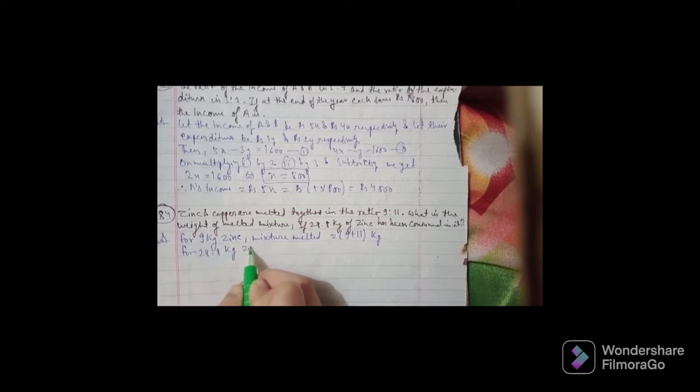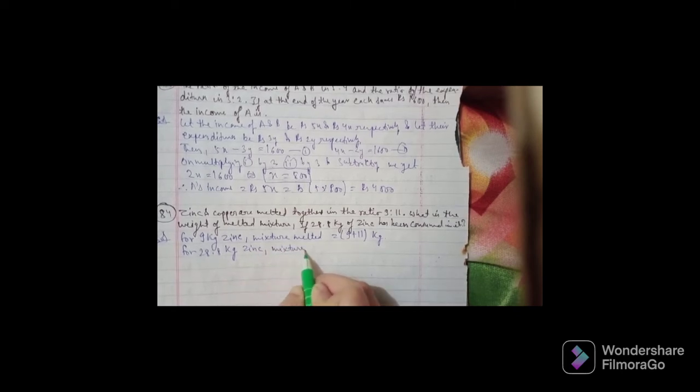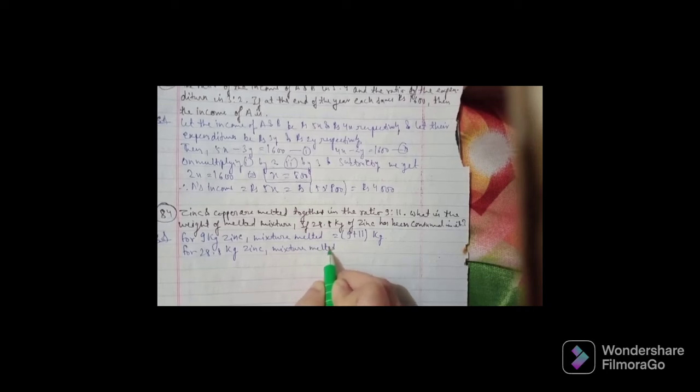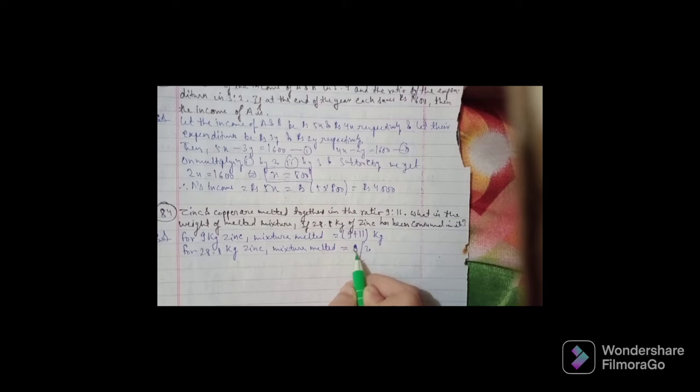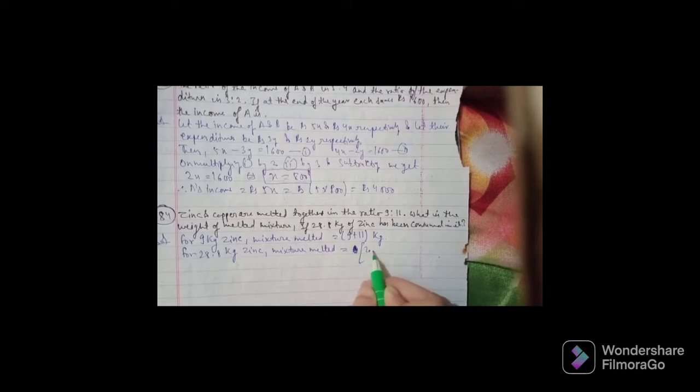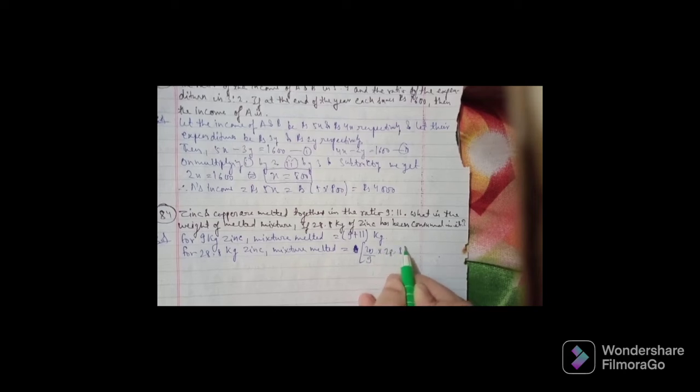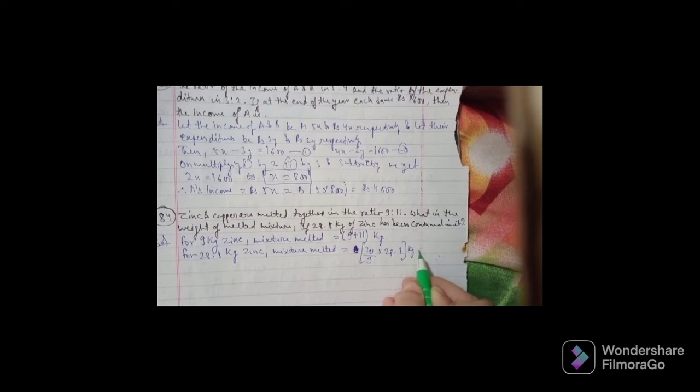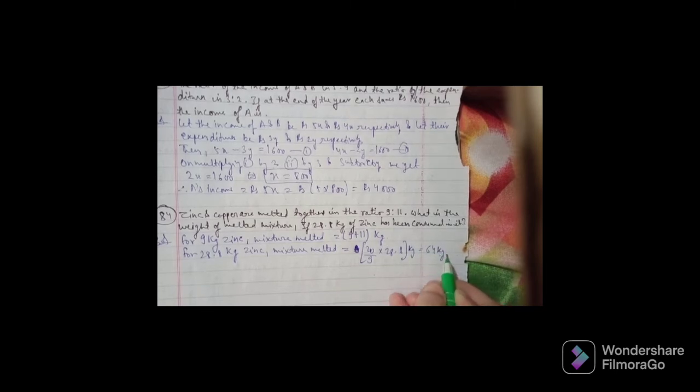For 28.8 kg of zinc, the mixture melted is 20/9 into 28.8 kg, which will give you 64 kg. That we get as the answer.